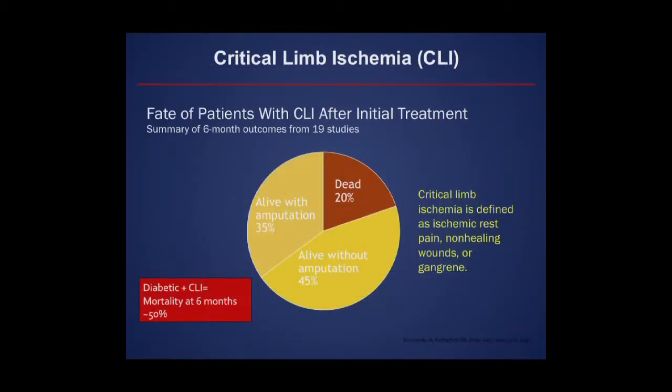The next slide demonstrates that once CLI is established, or patients have an ulcer, the mortality at 6 months is 20%. Compounded with diabetes, this is much higher, with a mortality of 50% at 6 months.